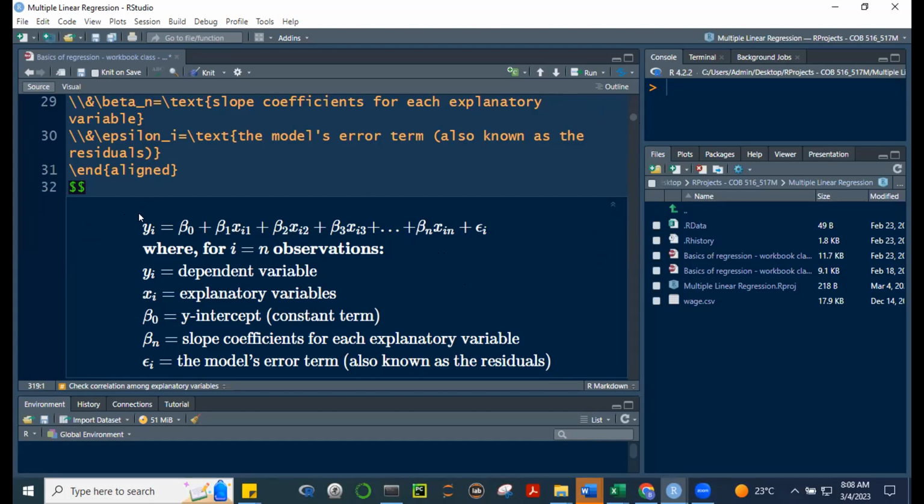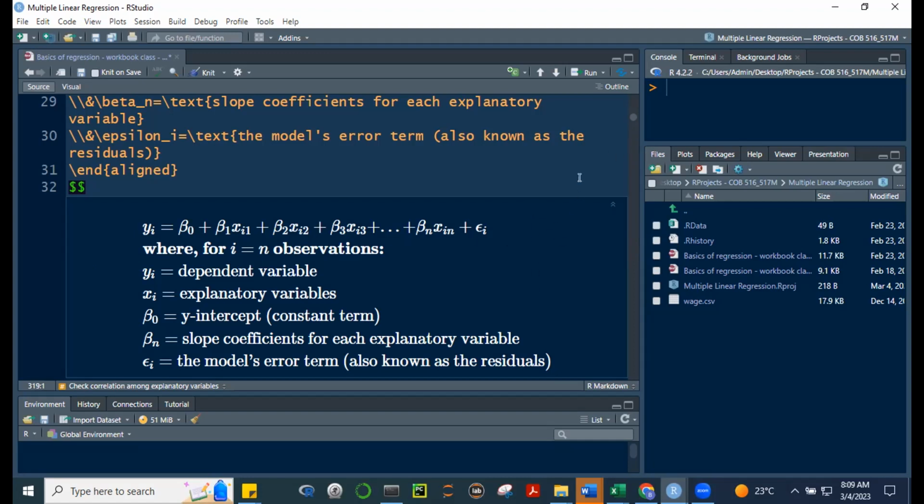Y is also known as your outcome variable. There are many names given to your y's and your x's, and there are certain assumptions that are followed as far as solving multiple linear regression is concerned.